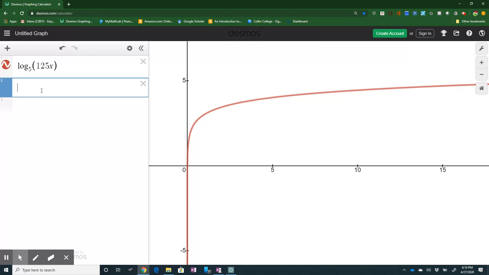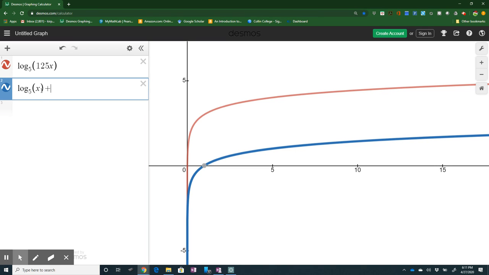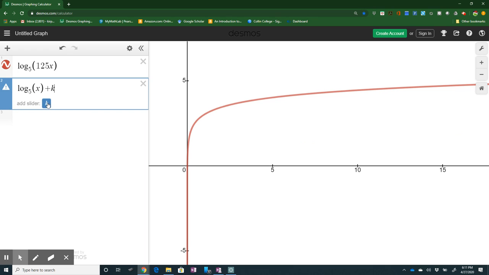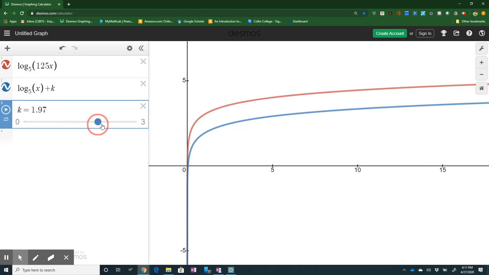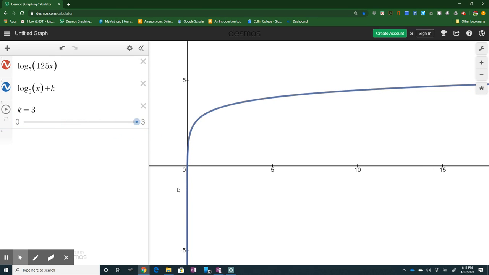But that's just the same thing as log base 5 of x plus, I'm going to put plus k. And then we can make this go from 0 to 3. So how much up does it go? Plus 3. So log base 5 of 125x is the same as log base 5 of x plus 3.